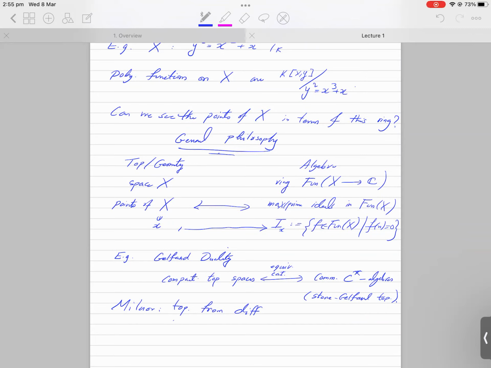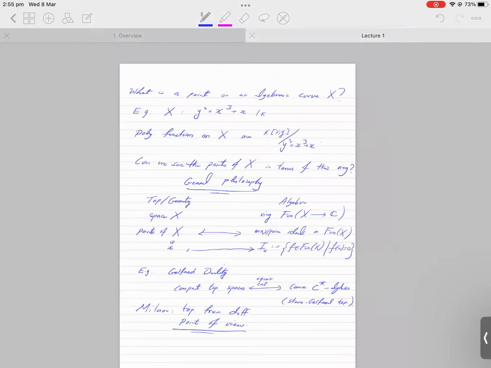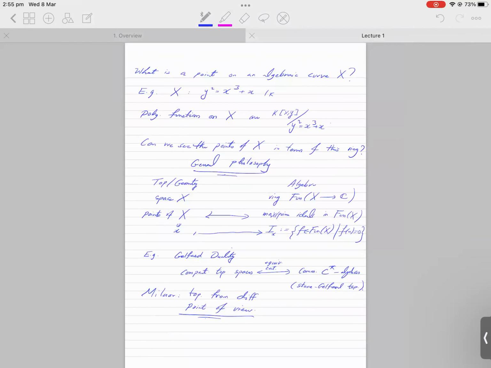Really fantastic book. Any questions about that? Comments? Have you seen this principle before?